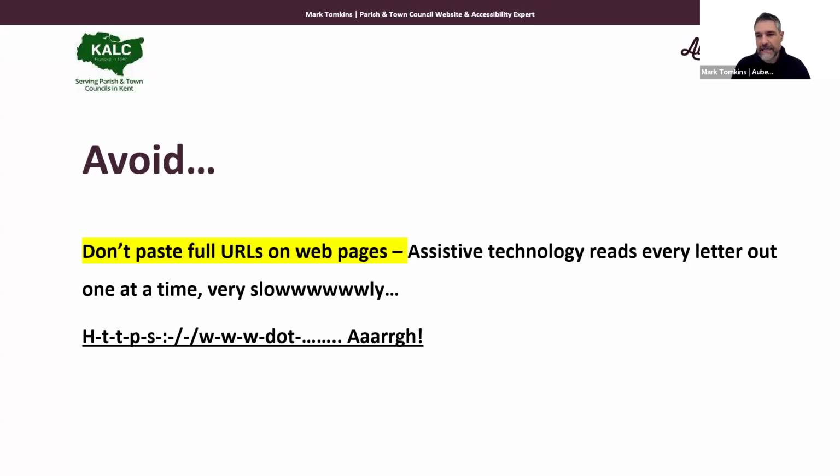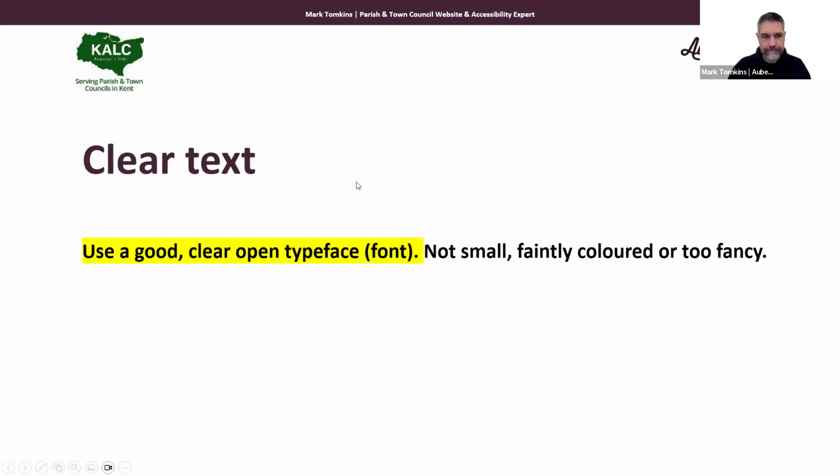So if you've got a page that links off to kent.gov.uk, it's going to slowly go h-t-t-p-s colon slash slash. I mean, I'm bored with my own voice already, but imagine a page that's full of URLs. It's a terrible experience. So please don't do that. If you're linking to somewhere, put the URL behind some descriptive link text.